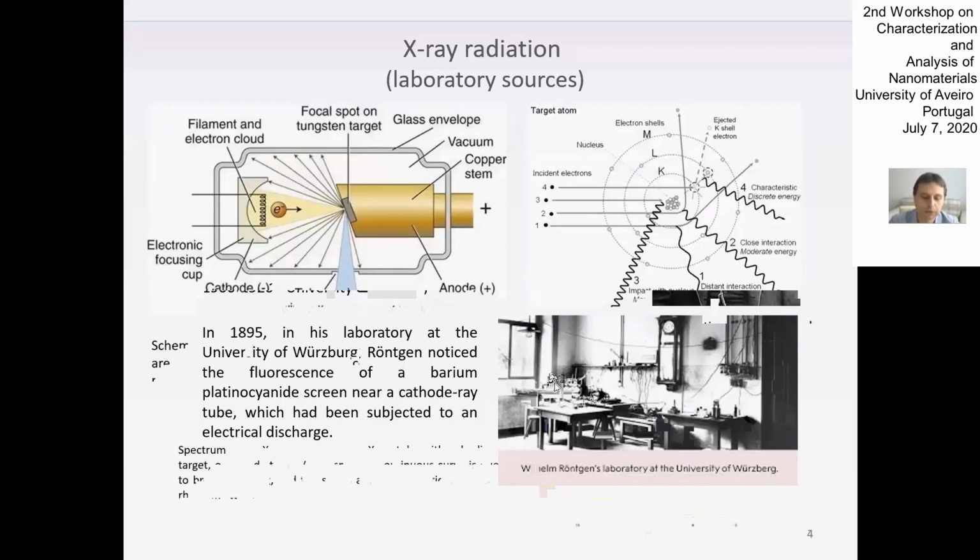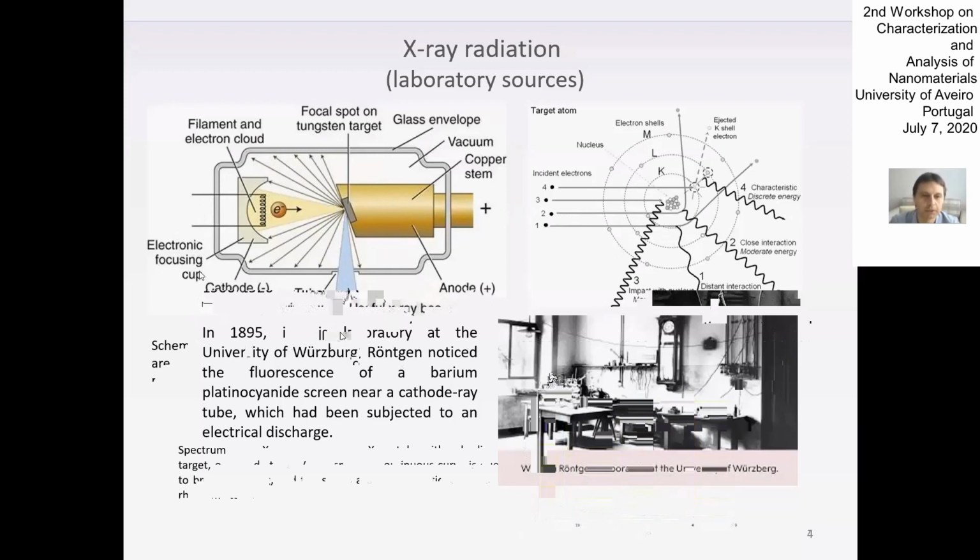how to produce X-rays? The method is more or less the same as the one Röntgen used a long time ago. We have the X-ray tube, which is an electric vacuum device.